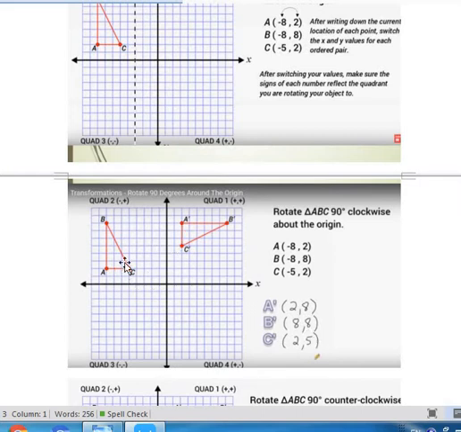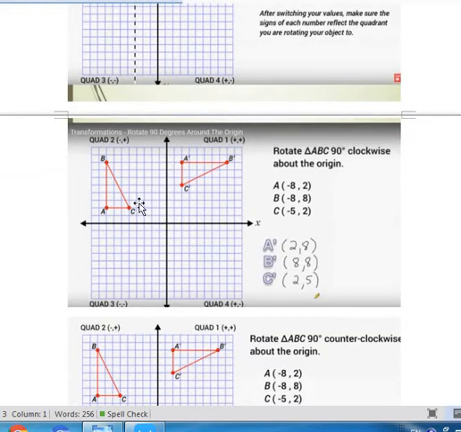After this, I have positives and positives, so I make them all positives. Remember, this triangle is rotated clockwise about the origin. So in quadrant 1, all will be positive: on the x-axis positive, and on the y-axis also positive.